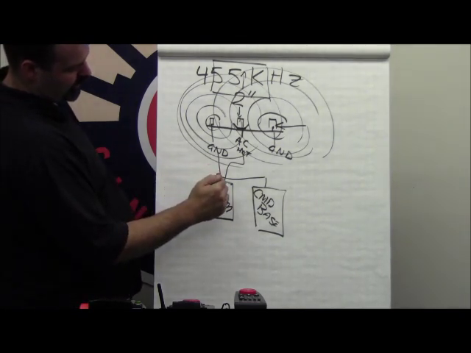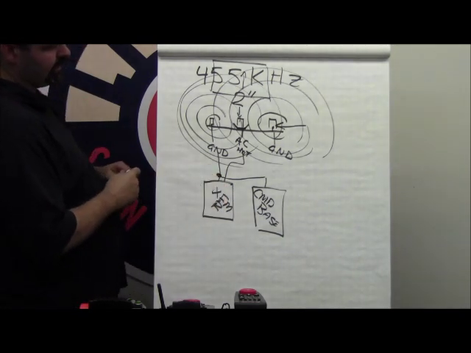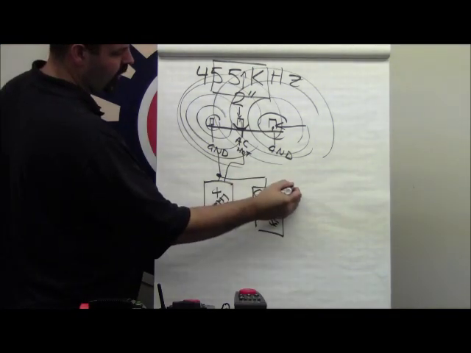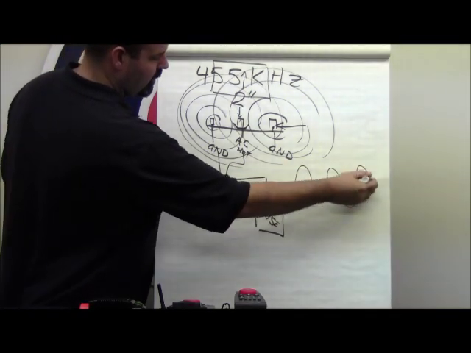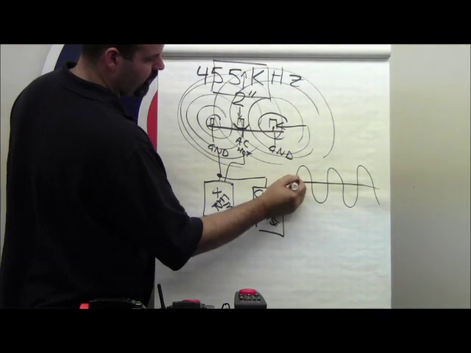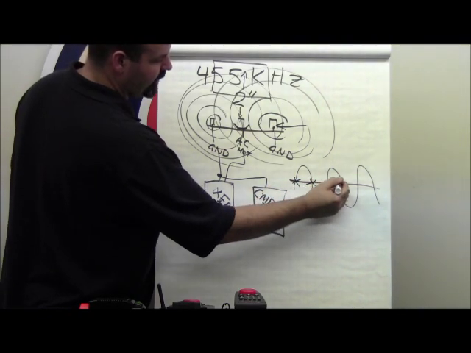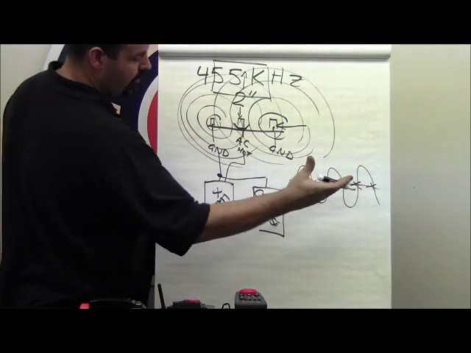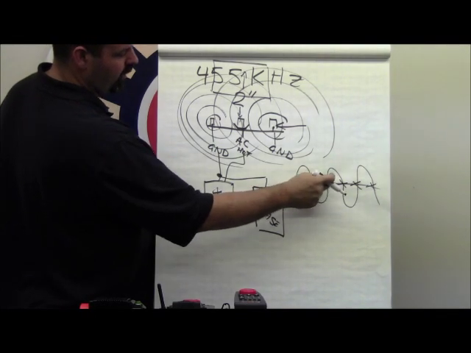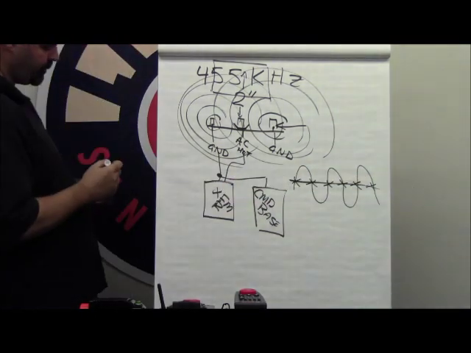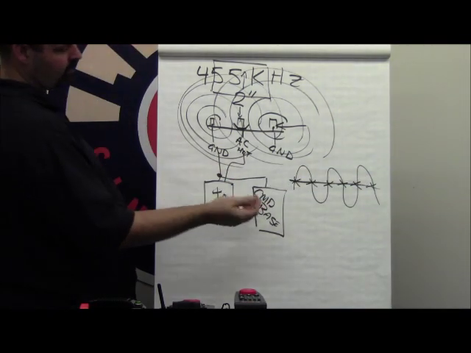Now, this transformer is sending out an AC waveform that's generating a sync pulse for our receiver to expect a command signal at each one of these intervals, 60 times a second.